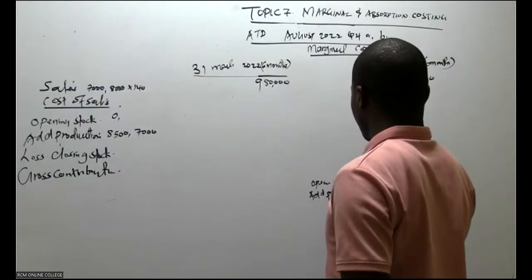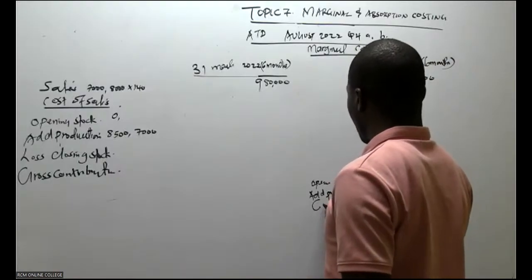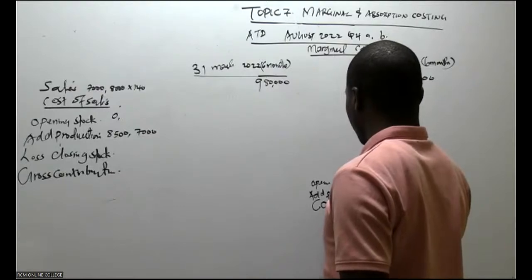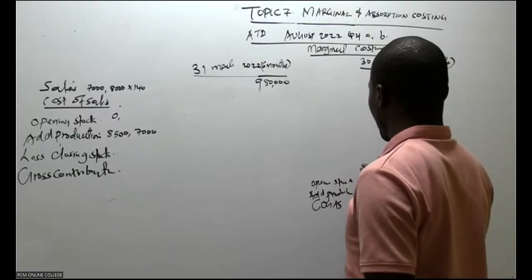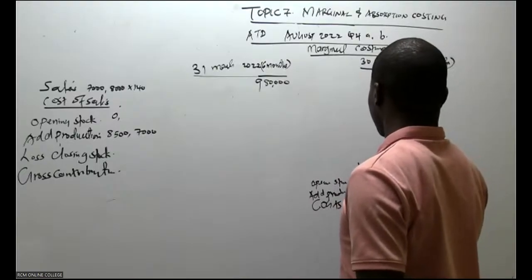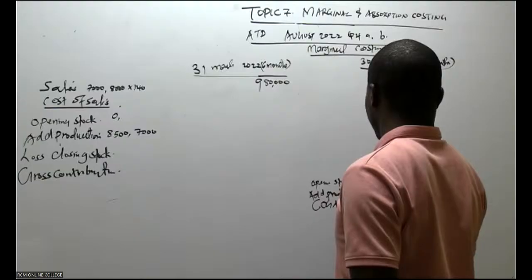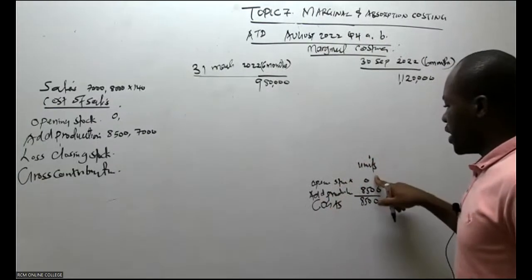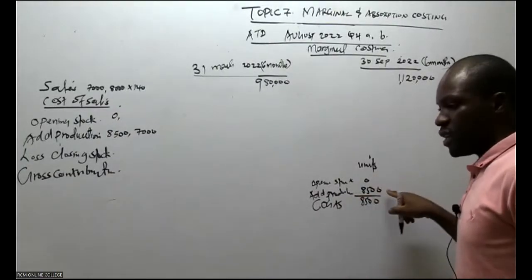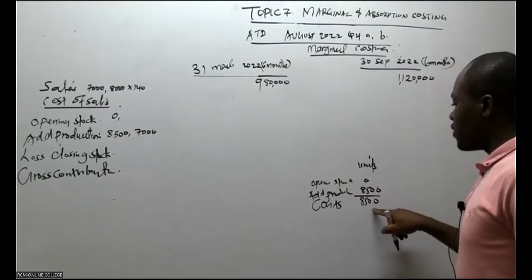If you add all these, you're going to get what we call cost of goods available for sale, whereby the goods available for sale, we are dealing with units, is 8,500. Opening was 0. Whatever they produced is 8,500. This is what they have to sell.